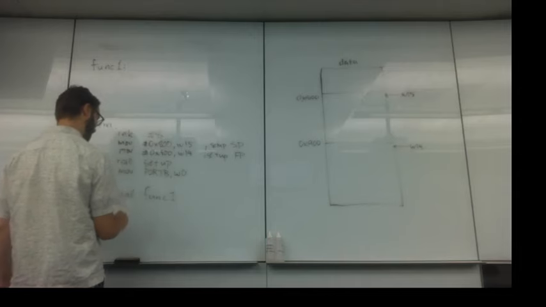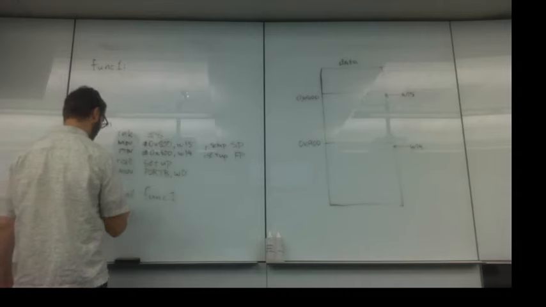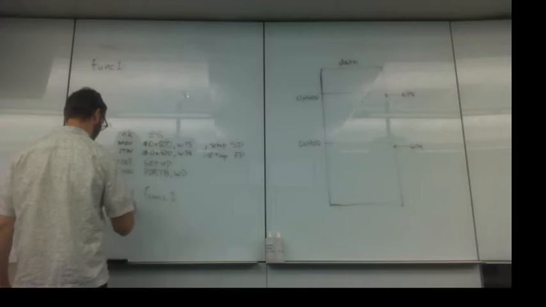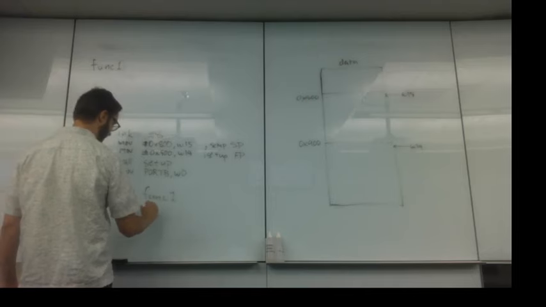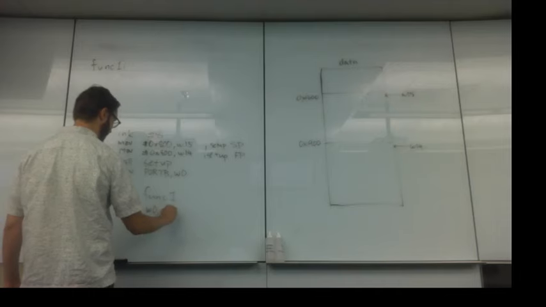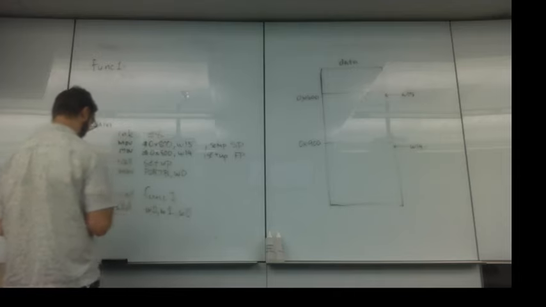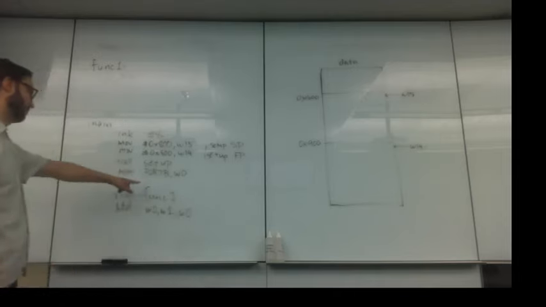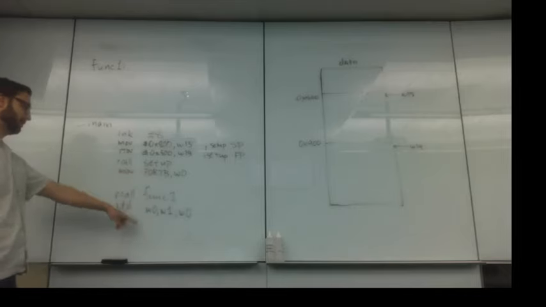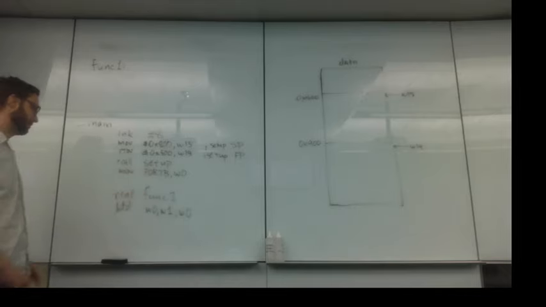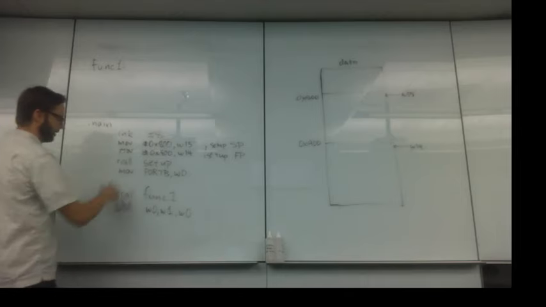And then we're gonna add W0 with W1 and put that in W0. We want to add the value on port B to something that we're getting back from function 1.